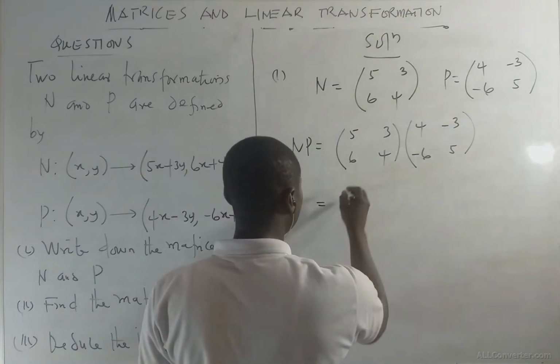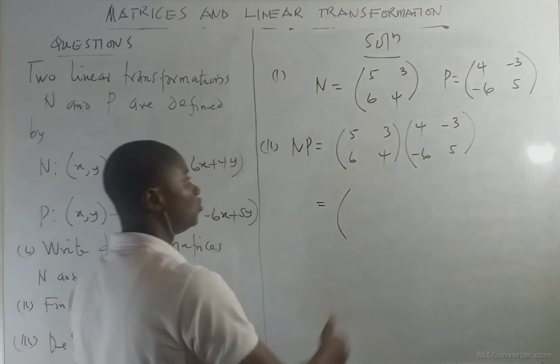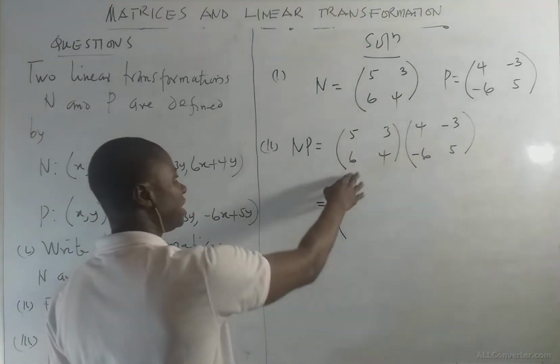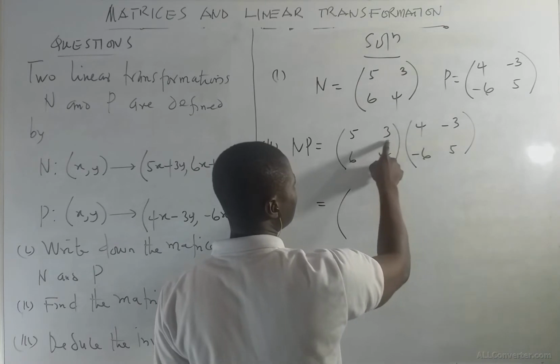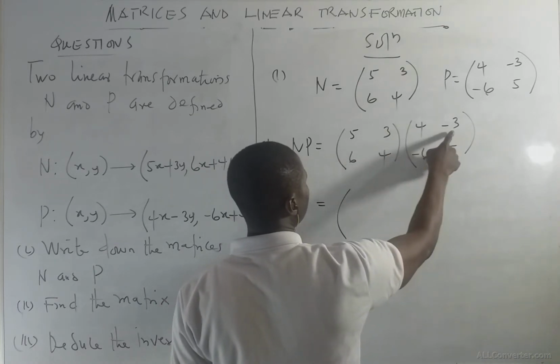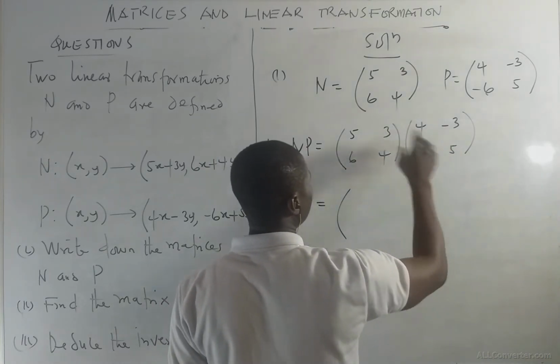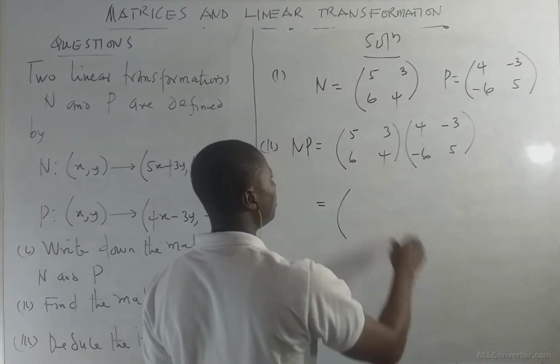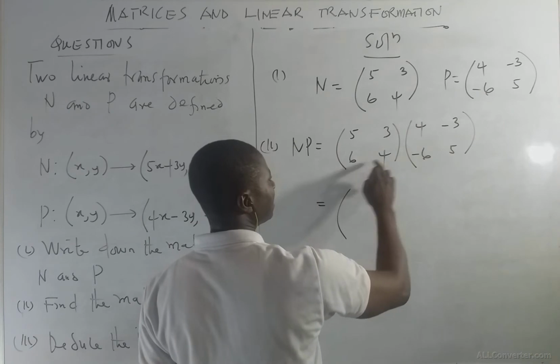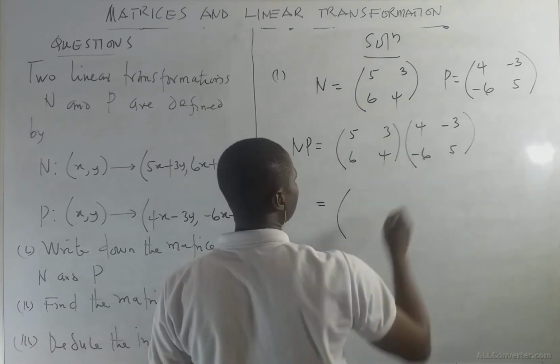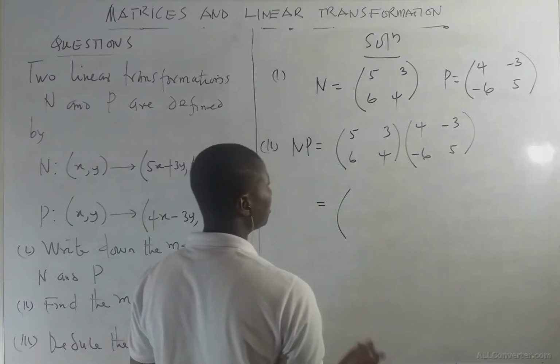The first row will multiply the two columns of the second matrix, then the second row will multiply the two columns. So 5 times 4 plus 3 times minus 6, 5 times minus 3 plus 3 times 5. Then we are done with the first row. Then the second row, 6 times 4 plus 4 times minus 6, 6 times minus 3 plus 4 times 5. That is how we multiply.